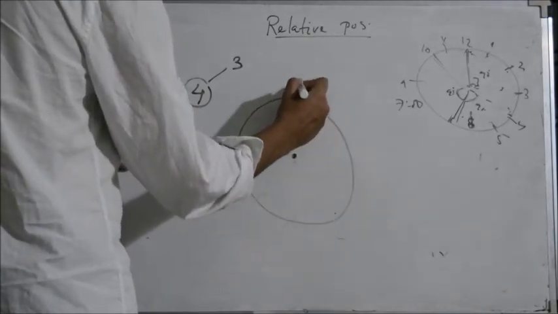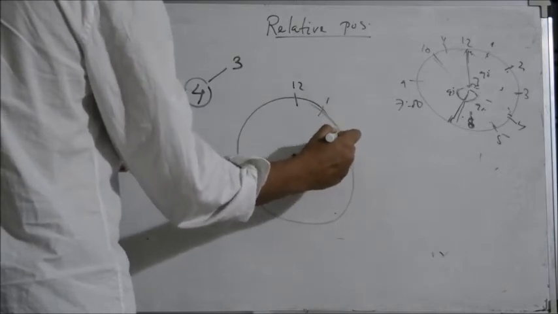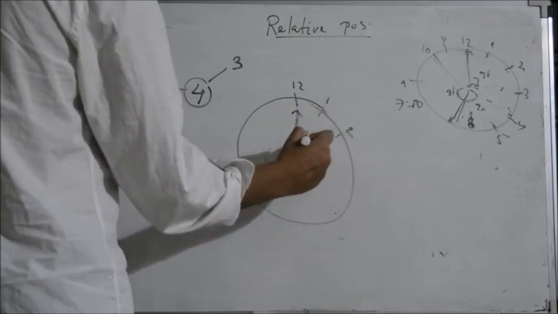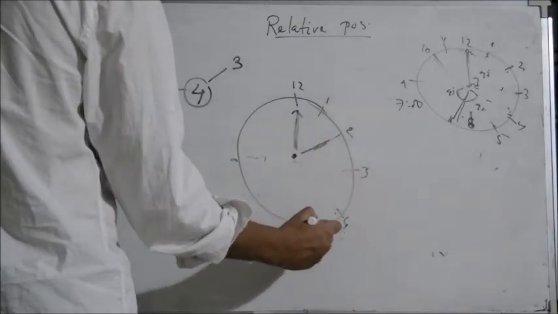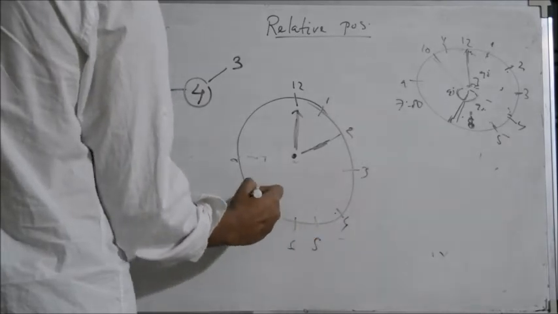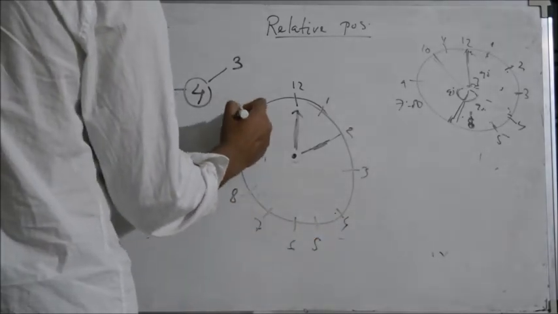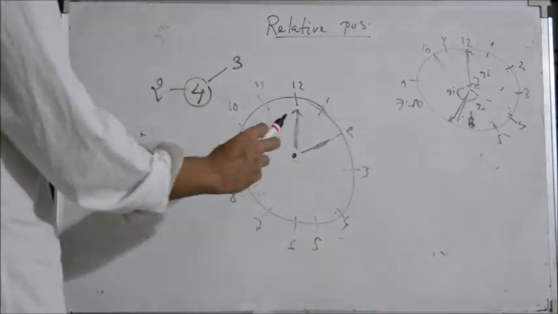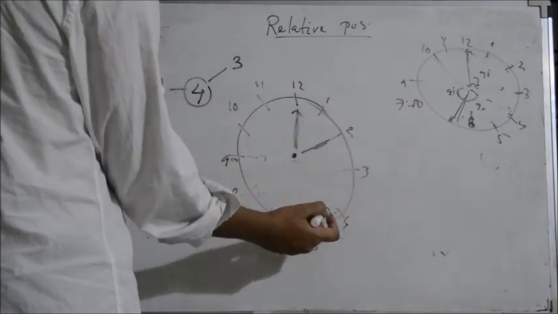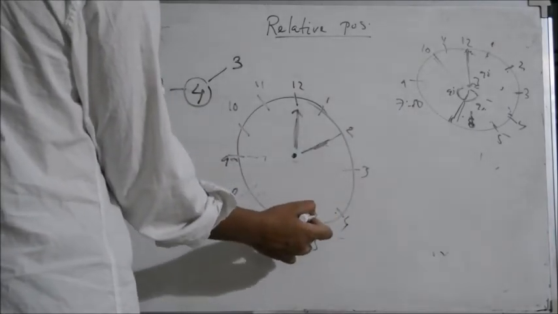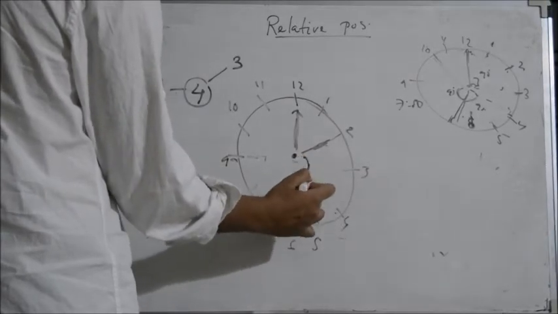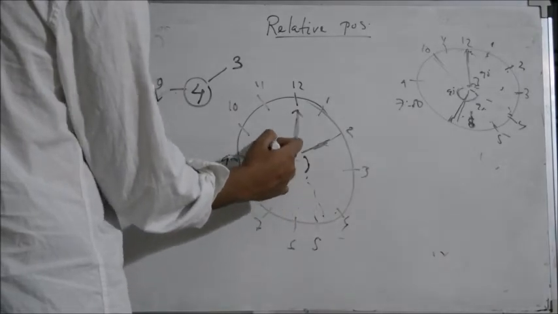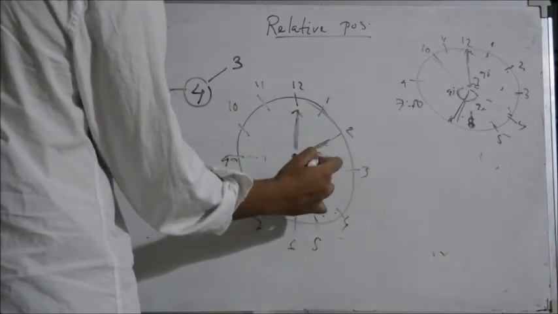Suppose now it is 2 o'clock, the clock will be here. The first right angle should be around here, when it is 2:25. Then the second right angle will come at 3 o'clock, exactly.